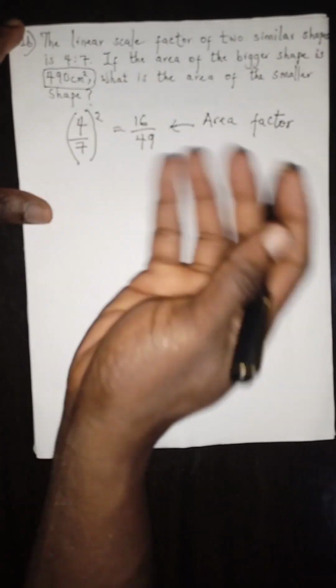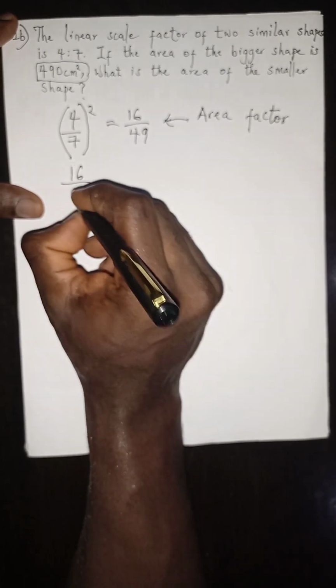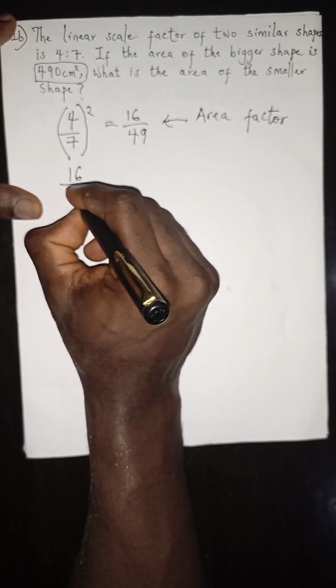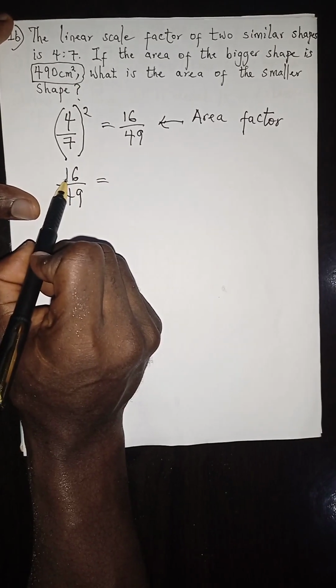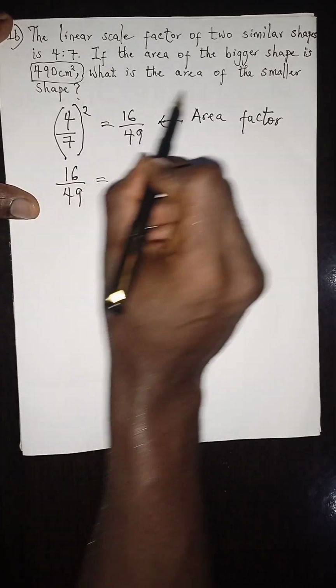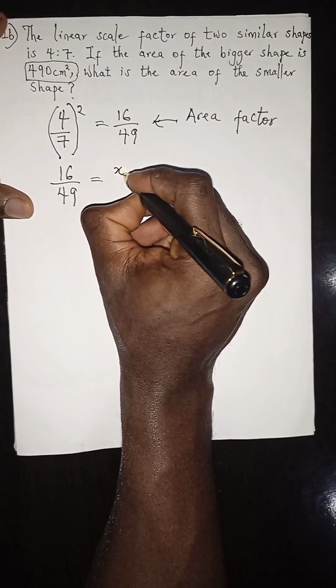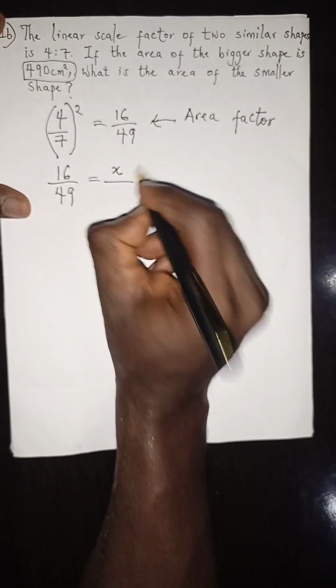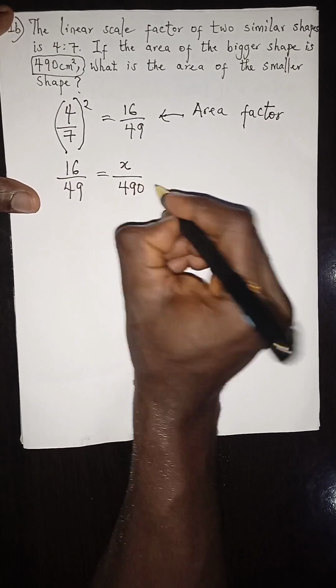Then the next step is to compare the area factor with the areas of the shapes. So we have 16 over 49. Since 16 is for the smaller shape, and that's what we're looking for, the area of the smaller shape, I'm going to denote it with x, while the bigger shape is 490 centimeters square.